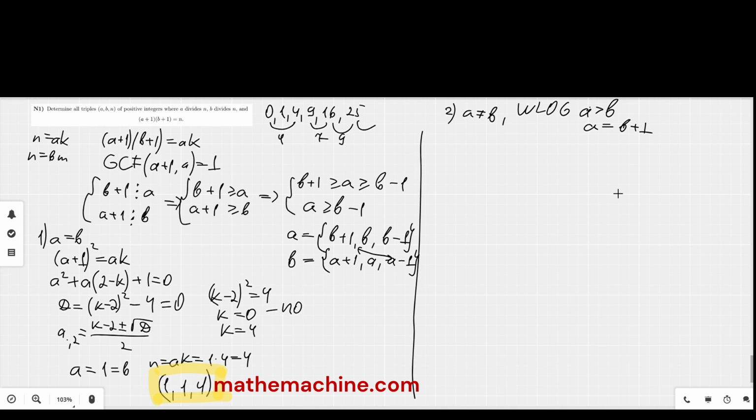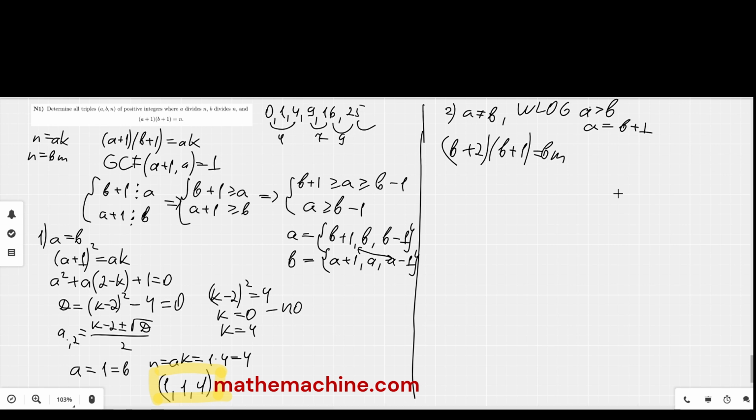So then let's consider the other case when a is not equal to b, and without loss of generality, I remind you, a is greater than b. So a is equal to b plus 1, and so we rewrite it as (b plus 1 plus 1) times (b plus 1) equals bm.